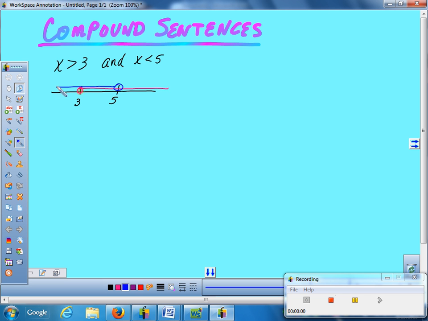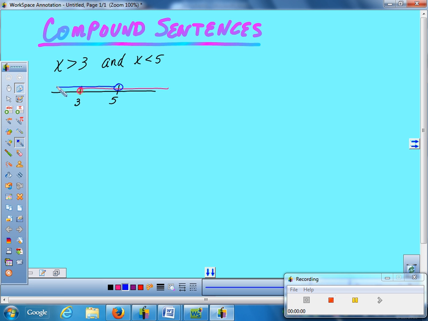Now the question is, what does the and mean in the problem? Where they're shared. Okay. Maddie says it's where they're shared. Do you buy that? It's because I'm saying it's got to be the numbers where x is greater than 3 and they're also less than 5. So it's got to be numbers that are in both.